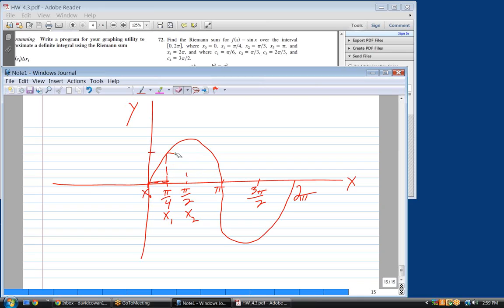Back up, I didn't do this right. Here's pi over 3, and that is x sub 2. X sub 3 is pi, and x sub 4 is 2 pi.